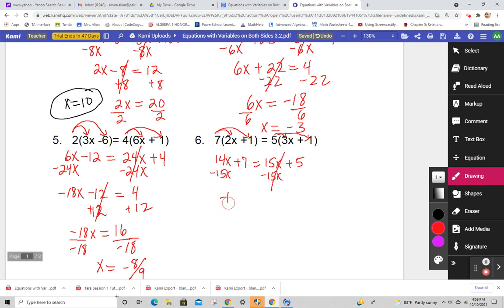That'll give us negative 1x plus 7 on this side equals 5 on this side. Subtract 7 from both sides. We'll have negative 1x equals negative 2. Divide both sides by negative 1, and x equals 2. And that's because this is same sign, positive.